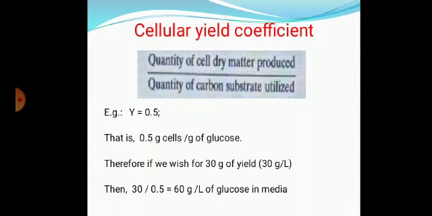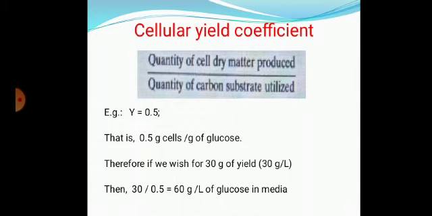Just observe the example. Y, the cellular yield coefficient, is equal to 0.5. What does it mean? I will tell you. Y equal to 0.5 is a value, called the cellular yield coefficient in this example.